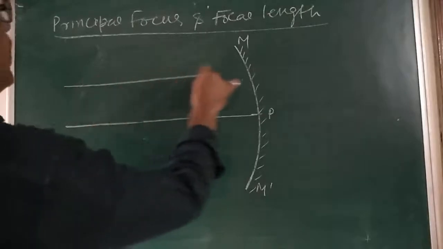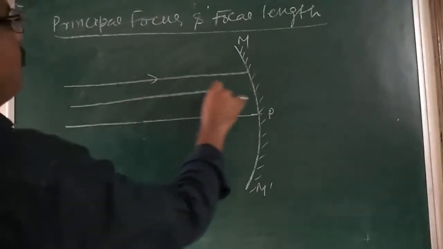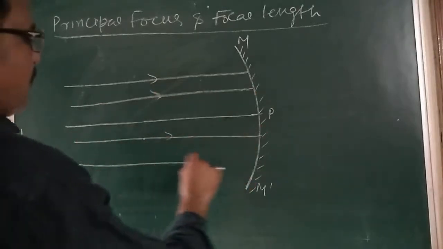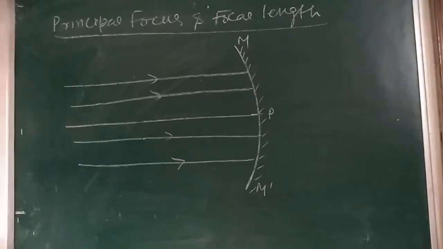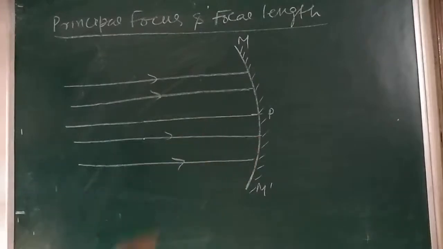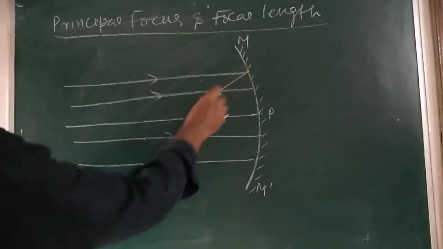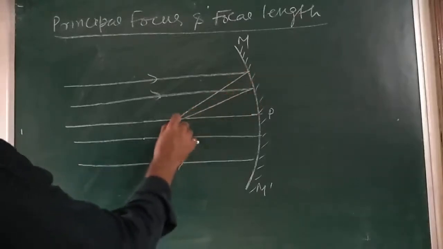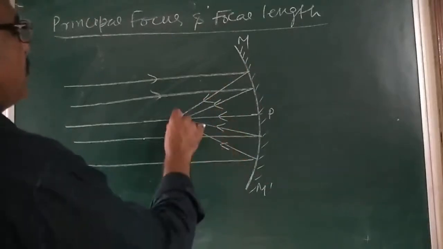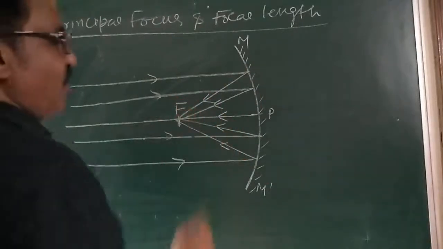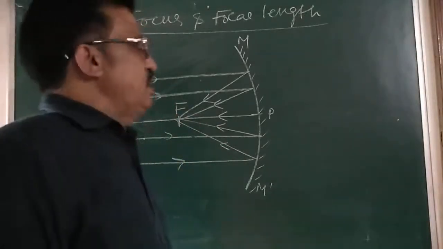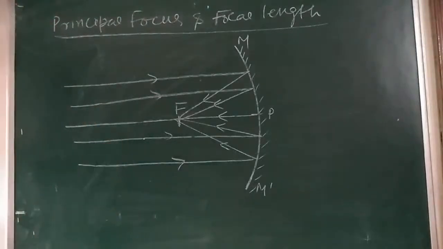When the parallel rays are coming from infinity, falling on this surface, then after reflection, the reflected rays are meeting at a point here. This point is called principal focus.